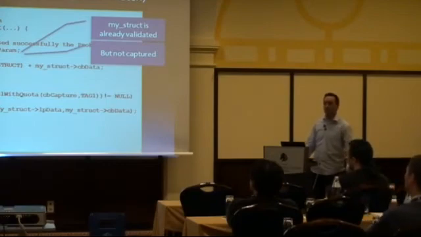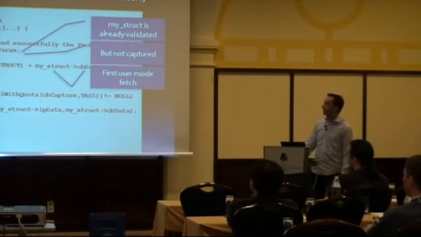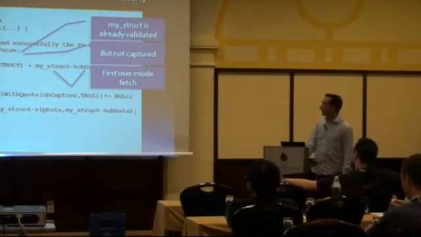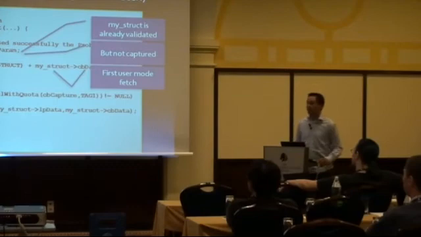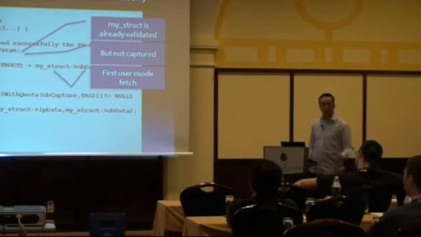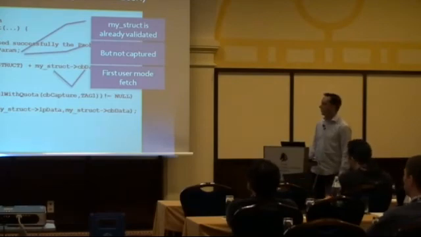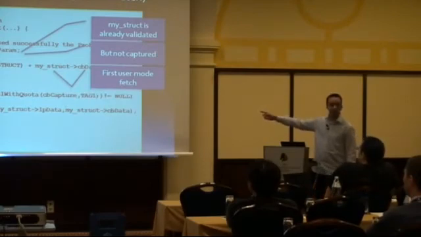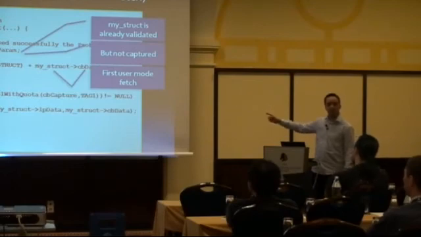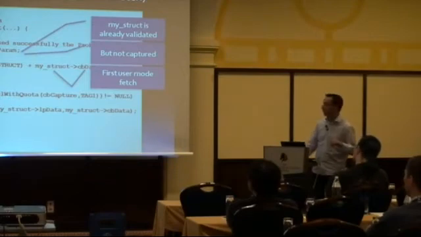Let's say the first fetch is 5. cbCapture is going to have the value sizeof my struct, let's say 10, plus 5, 15. We perform an allocation based on that size, 15. Let's say we succeed on the allocation. We have a small memory, and my alloc is pointing to it, of size 15. But what if we go again to user mode and that value at this point is 200? We're going to copy into my alloc, whose allocation length is 15, but we're going to copy 200.